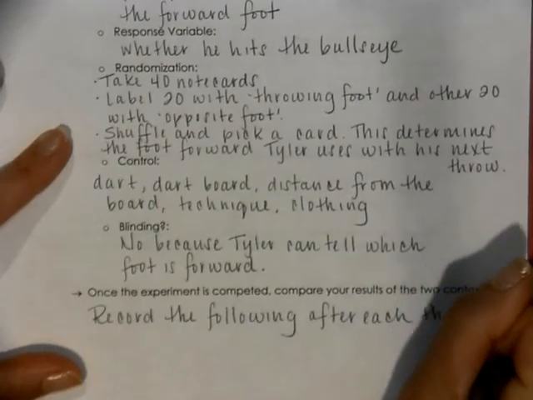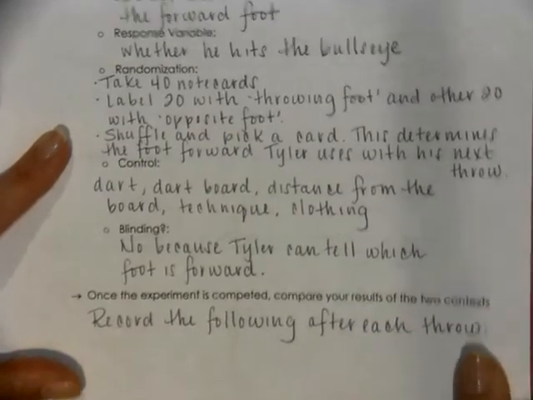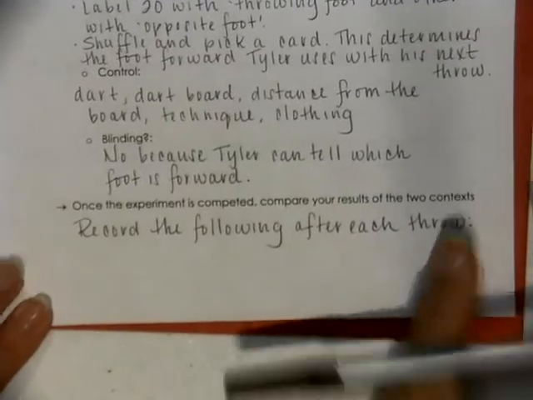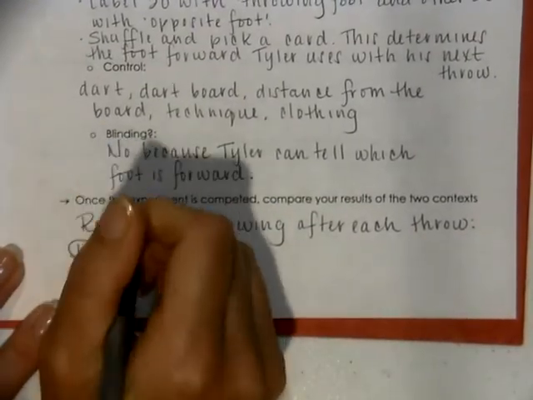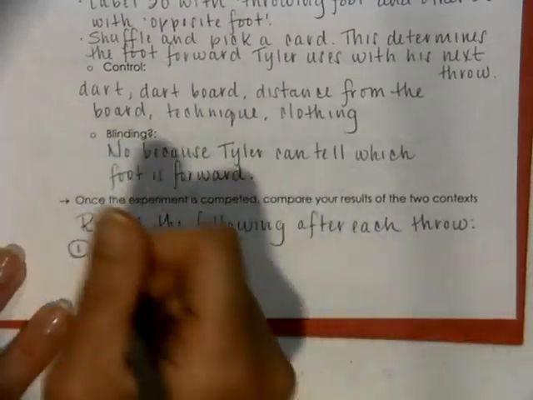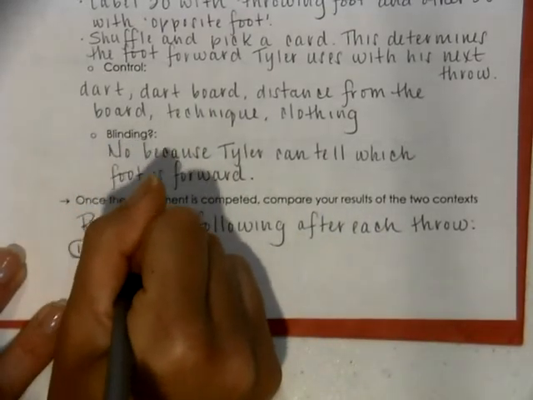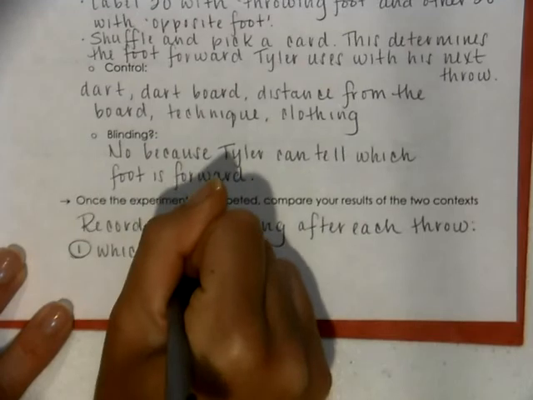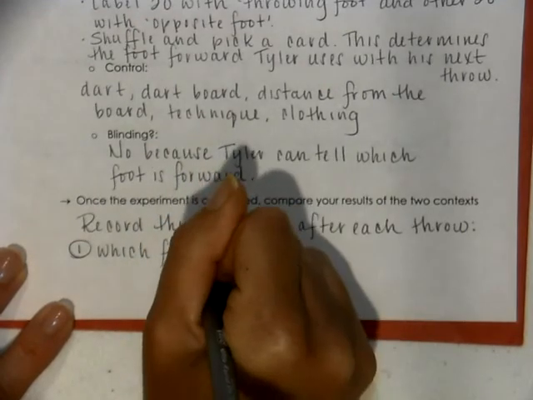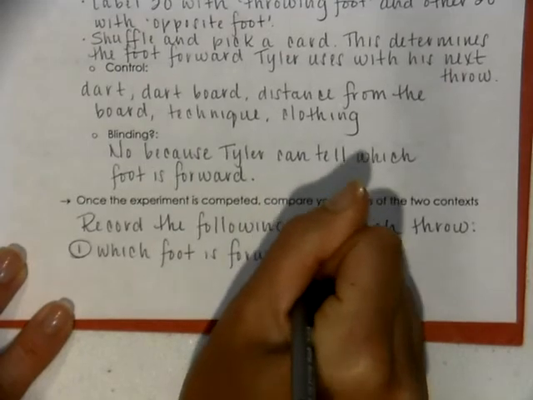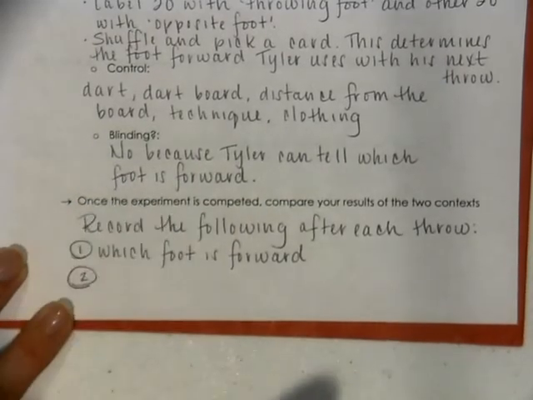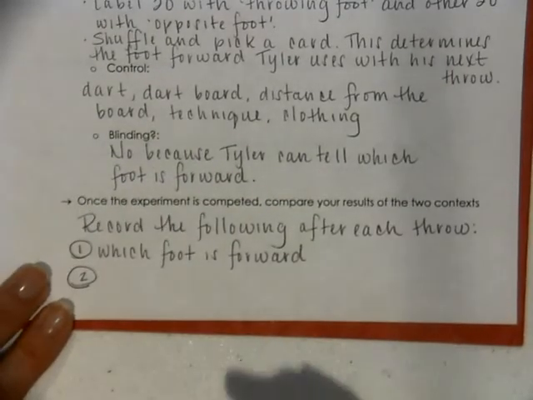There are two important things that the researcher should be recording for this experiment. One is which foot was forward, in other words, the opposite or the throwing. And another would be whether or not they hit the bullseye.